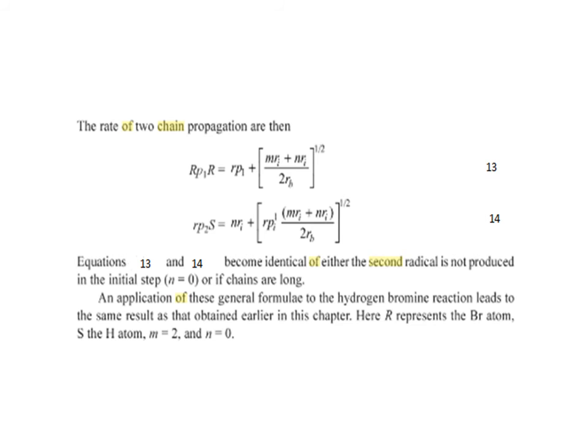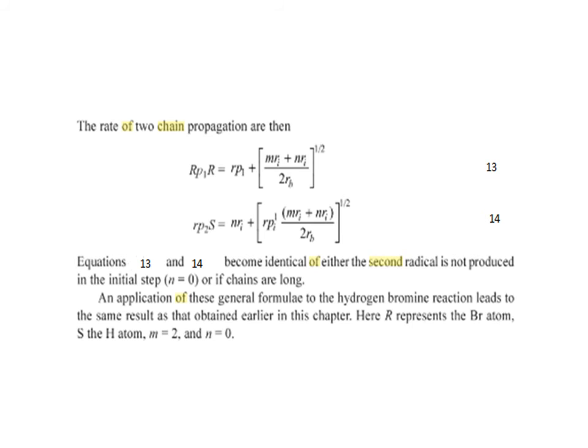Dear students, the rates of two chain propagations are then RP1R, that is equal to RP1 into the square root of (MRI plus NRI over 2RB).